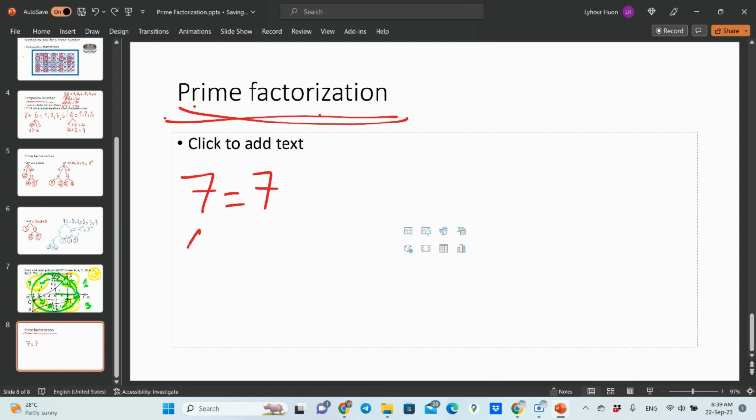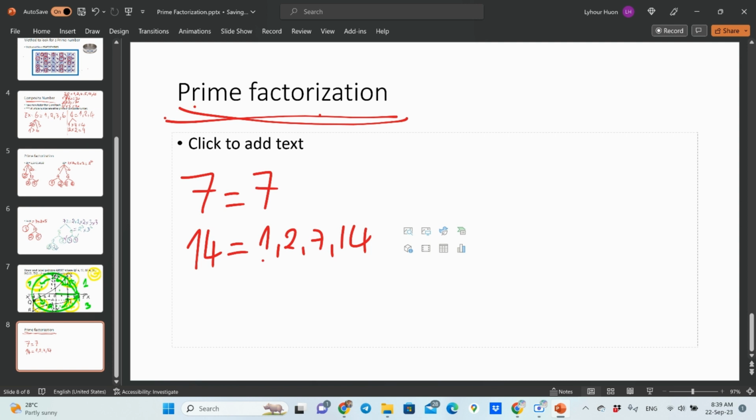How about 14? How do we factorize? The factors are 1, 2, 7, and 14.